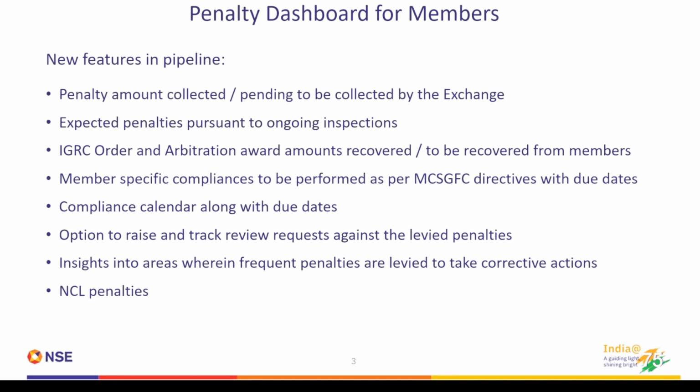If the complaint is with IGRC and IGRC has passed an order, then the amount of that IGRC order will be shown in the penalty dashboard. And suppose the investor is not satisfied with the IGRC order, then he can always go to arbitration and appeal against the IGRC order. If the arbitration passes an award, then the award amount will be shown to you.